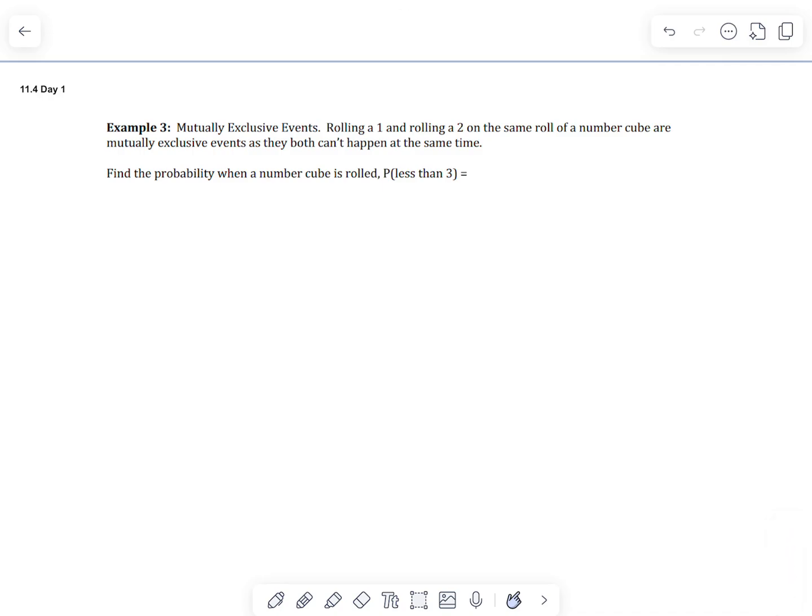Example 3, mutually exclusive events would be rolling a 1 and rolling a 2 on the same roll, as these both can't happen. So find the probability when a number is rolled, you would get the probability of less than a 3.